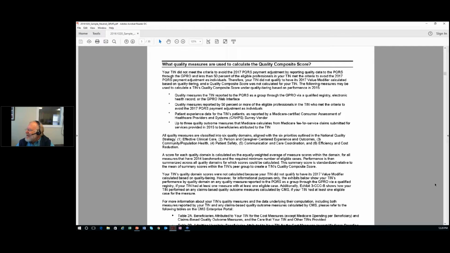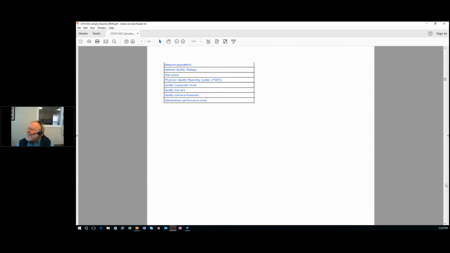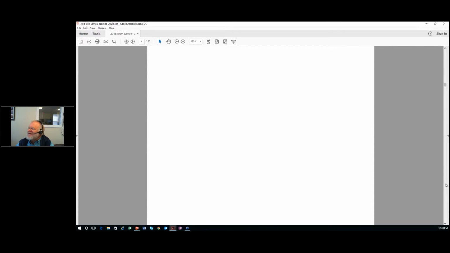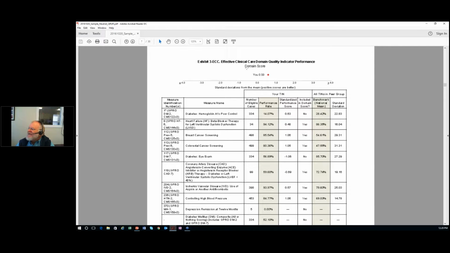Next area, Medicare details the quality metrics that went into each of these. And then it goes domain by domain. Medicare takes the measures you've submitted and they've calculated, they group them by domain, they create an average on each of those domains, and then they average the domains together, and what we looked at a moment ago was the average of the domains.